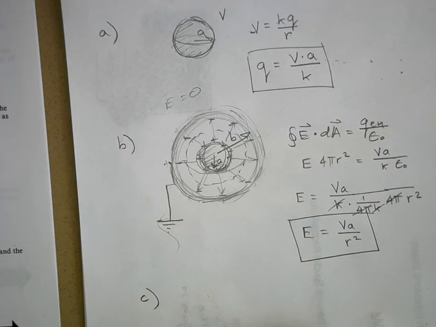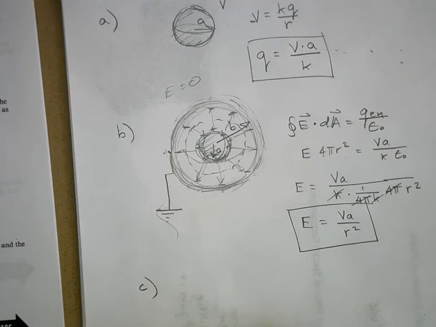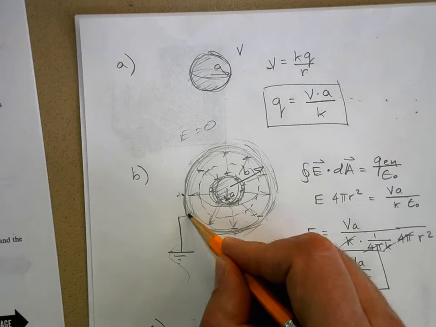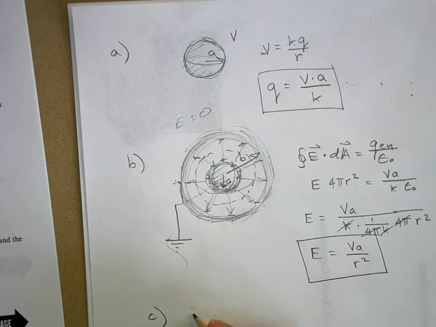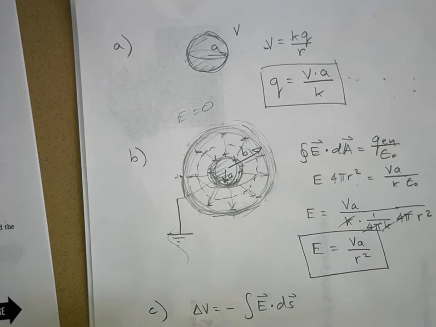Okay, now part C. I'm almost done. Part C, determine the potential of the solid sphere relative to the ground. So we're going to start at the ground and we're going to go inwards like this. So remember that delta V is equal to negative E dot ds. Now that's the basic equation, and now we're going to apply that.